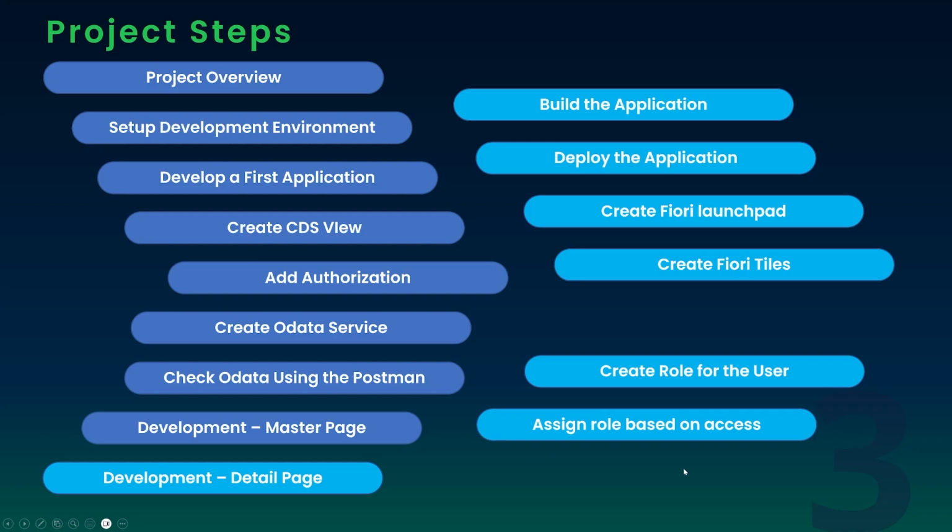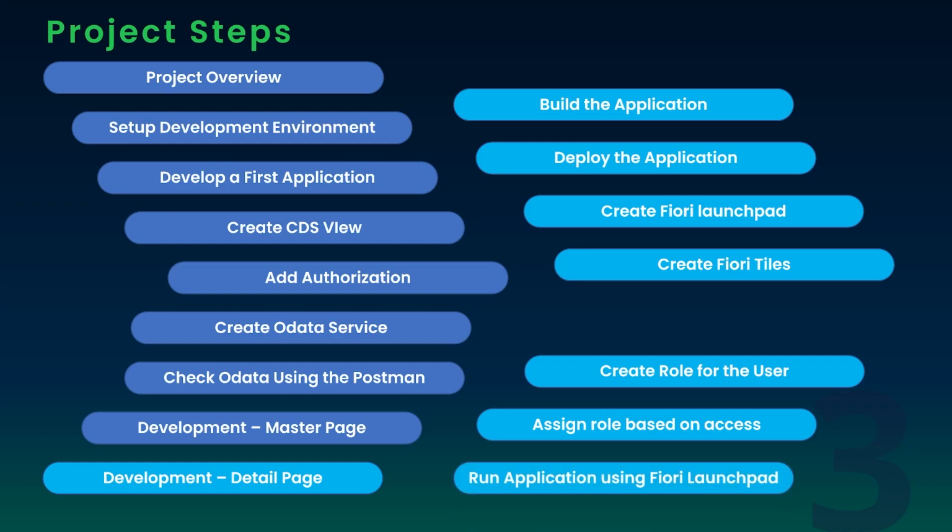So first we have to create the role, and after that we have to assign this role based on that access. After that, as we created the Fiori Launchpad, the user can run this application using the Fiori Launchpad. So now you can see in that project step you know everything about the project, and all the steps. Whether it is your real life project or any other project, you can use the same steps.